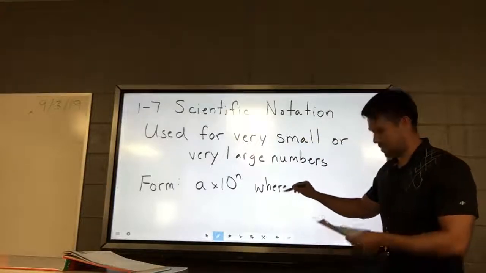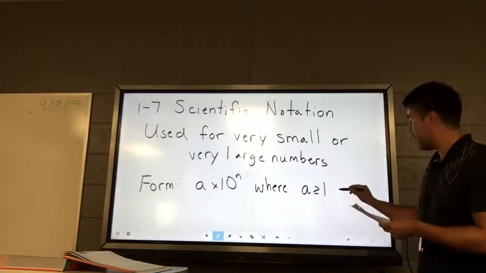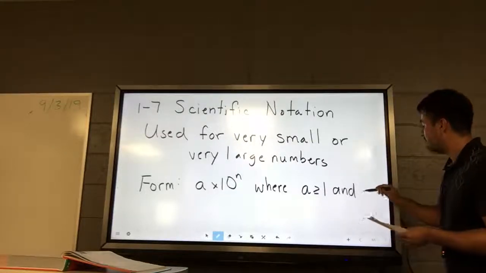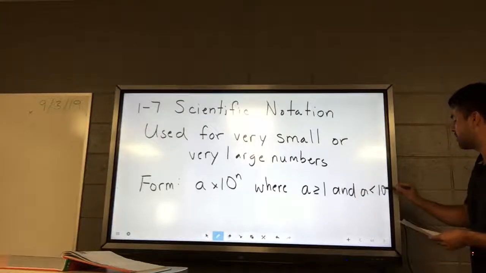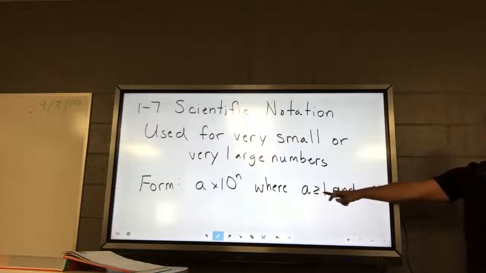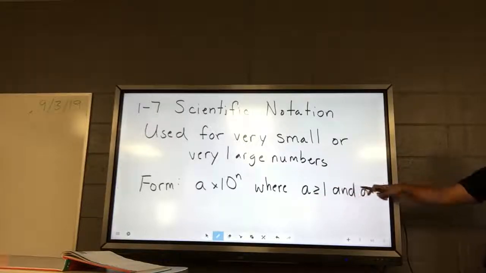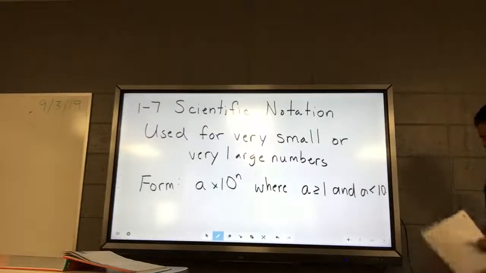Where A is greater than or equal to 1, and A is less than 10. So the number A, whatever A stands for, has to be greater than or equal to 1 and also less than 10. Has to be in between 1 and 10.